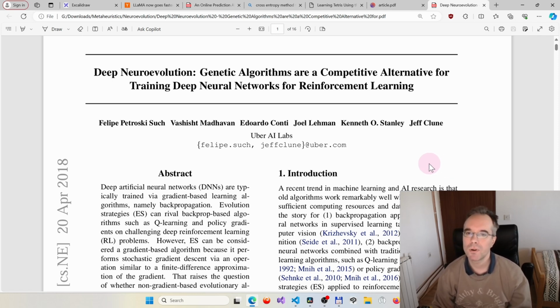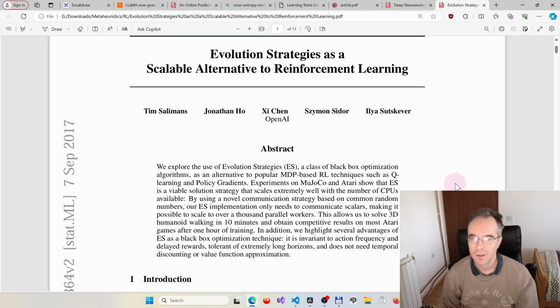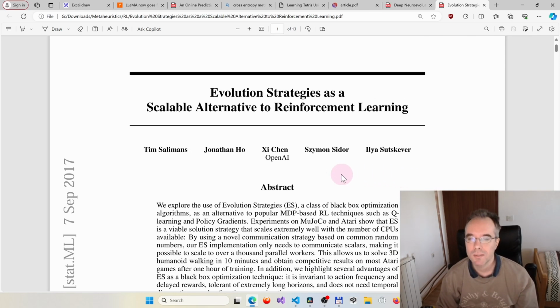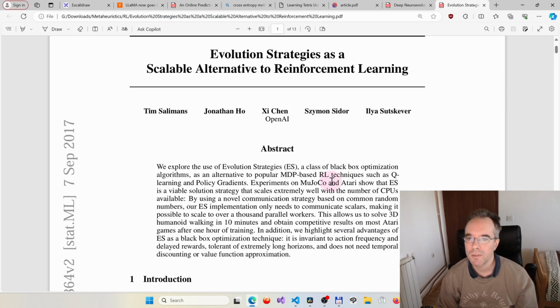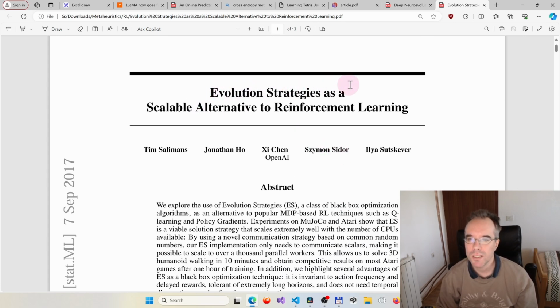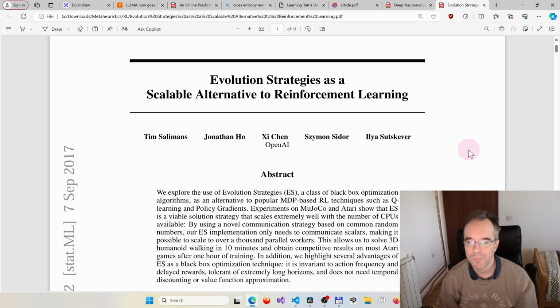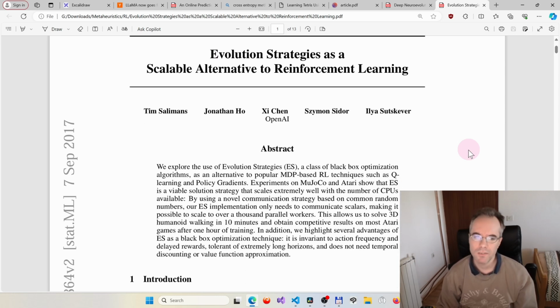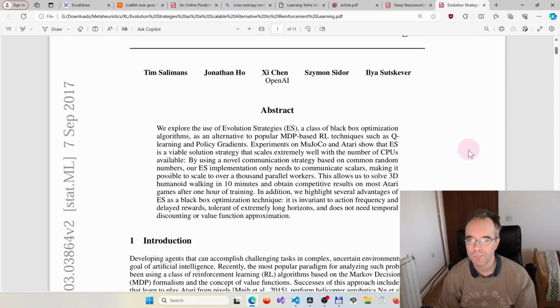The OpenAI paper was this one. This is a paper by OpenAI, while the previous one was by Uber Labs. Evolution strategies as a scalable alternative to reinforcement learning. I think when this paper came out, this was one of the milestone papers in the field.